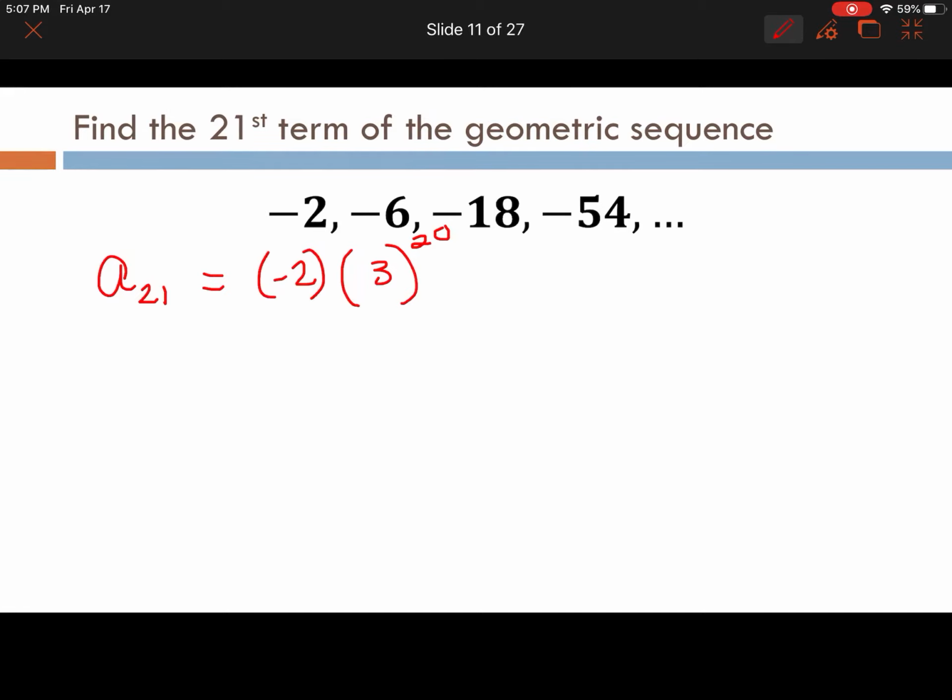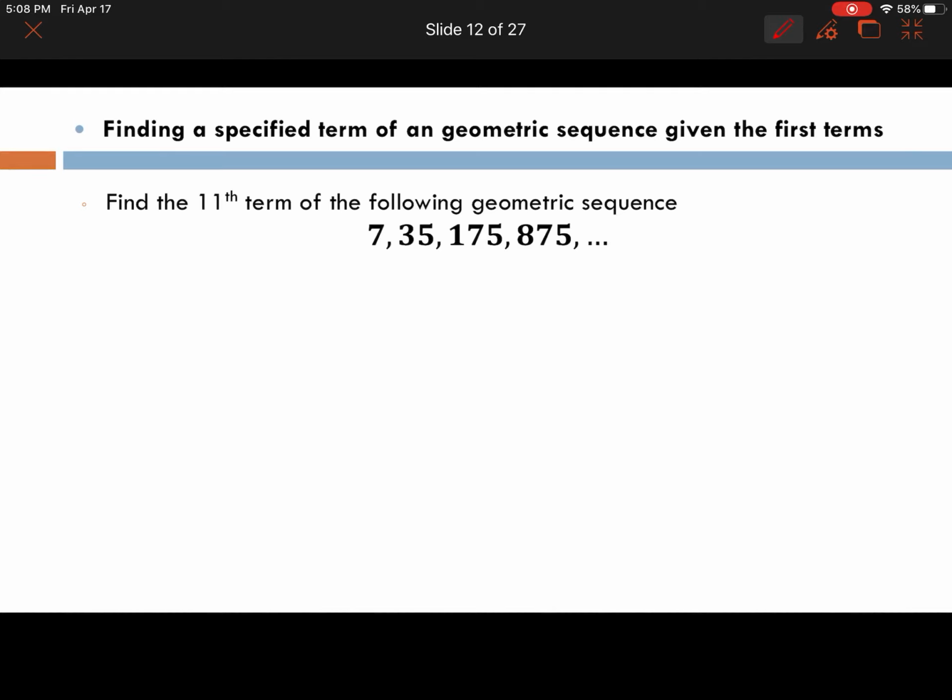really big, right? Okay, I want you to find the 11th term. So pause the video and use that formula and see if you can find a sub 11. All right, hopefully you found it. A sub 11, so that means n is 11, right?